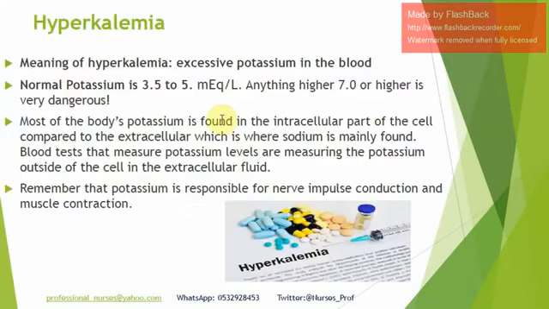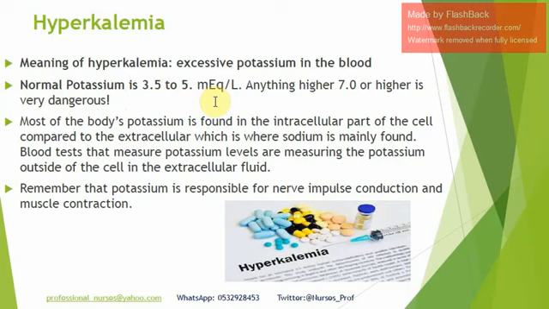So, what do we mean by hyperkalemia? Hyper means increasing. So, hyperkalemia means excessive potassium in the blood. If we ask ourselves what the normal potassium level in our blood is, it is from 3.5 to 5 milliequivalents per liter.